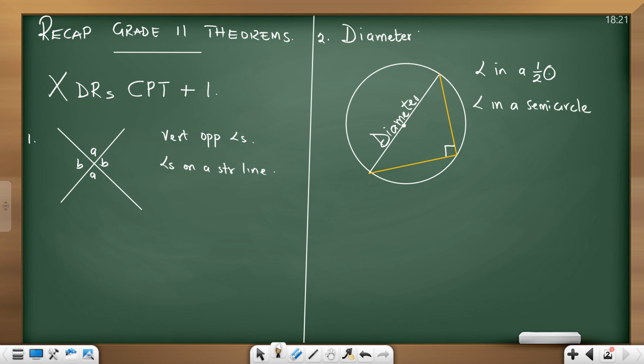And what is the value of that angle? 90 degrees. Two, or 3 things I want to think about here. That is number 1. Number 2, what do you notice? What type of triangle am I forming? A right angled triangle.